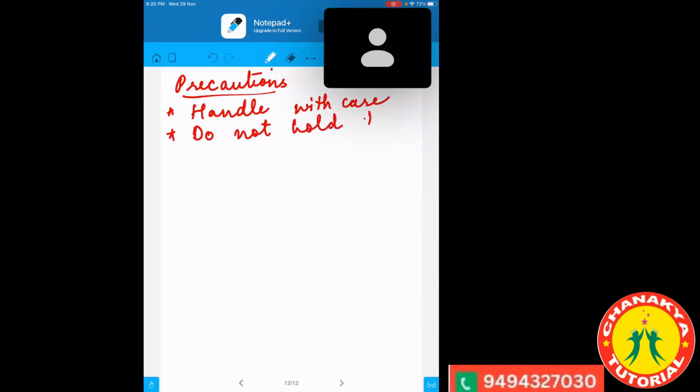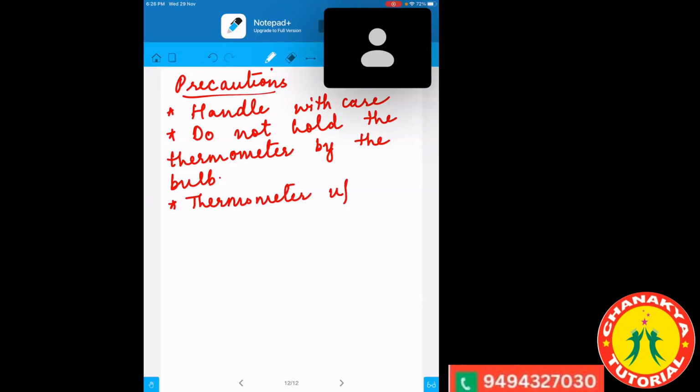Because when we hold it by the bulb, the reading might be disturbed and the mercury level can also change. Then we should keep the thermometer upright. The thermometer should always be kept in the upright position, not tilted.